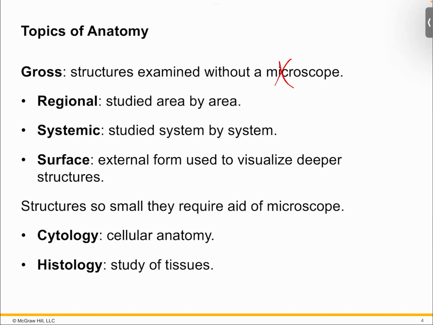Now, what happens if you toss the microscope in there? Well, here you start to get into a cellular and molecular type of anatomy. Right. So now you're kind of doing the same thing, right? You're looking at your body, seeing how it's constructed, how it's put together structurally. But all you do is take the same idea and break it down on a cellular level. So now you're asking, how are the cells and the tissues constructed structurally, right?